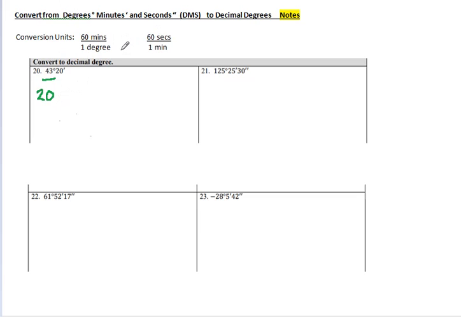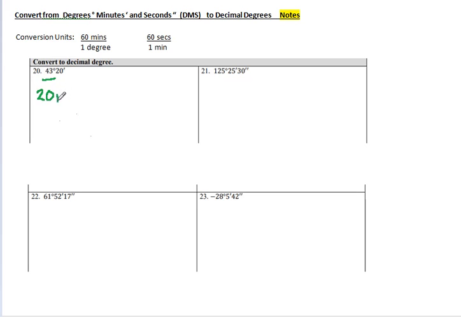They're pretty much fractions that equal 1, because 1 minute equals 60 seconds. So that's the same thing as 1. Same thing here. 1 degree is the same thing as 60 minutes, which equals 1. We can multiply anything by 1 and not actually change its value.